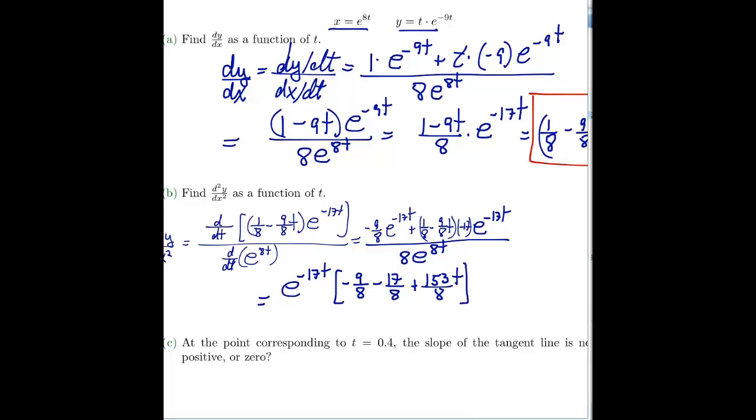Okay, I think that's right. Over 8 e to the 8t.